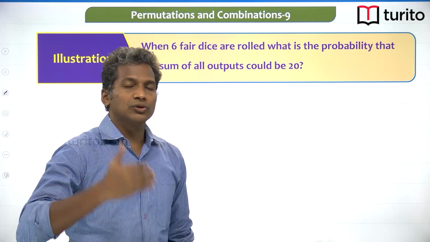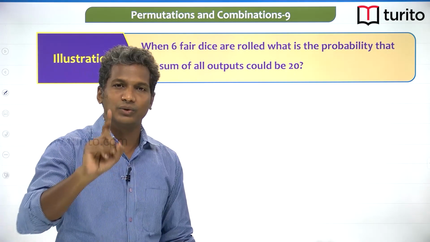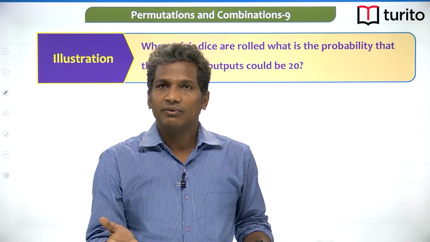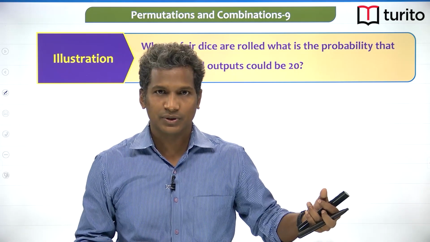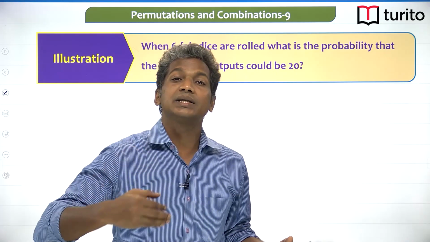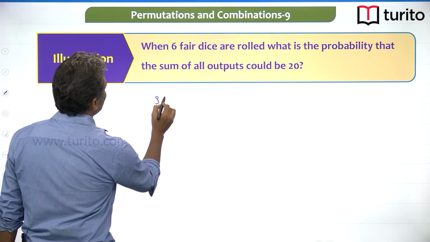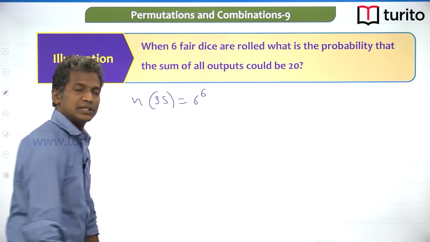Okay. So, the number of ways of 2 coming is the same as the number of ways of 3 coming, all have only one way. So, for the first dice there are 6 outputs, for the second dice there are 6 outputs, for the last dice also there are 6 outputs. So, in total there are 6 raised to 6 outputs. That means in the sample space we have total how many elements? 6 raised to 6 elements.